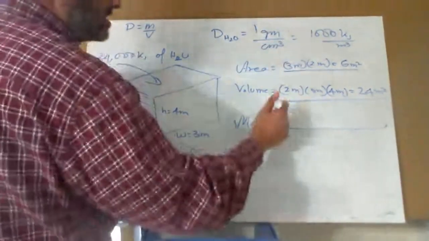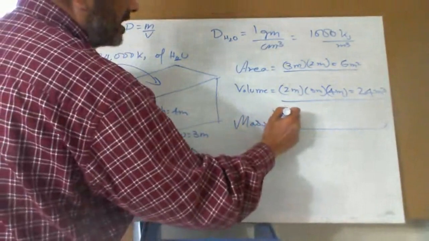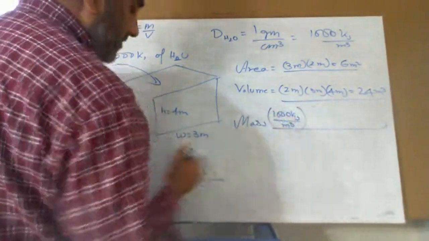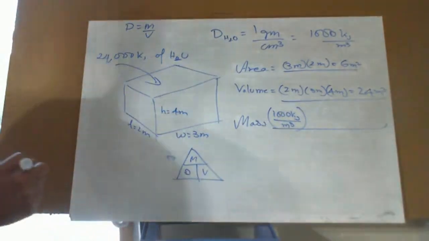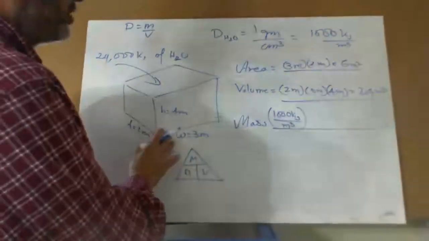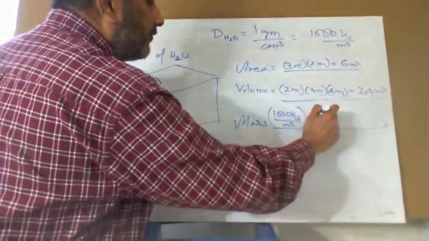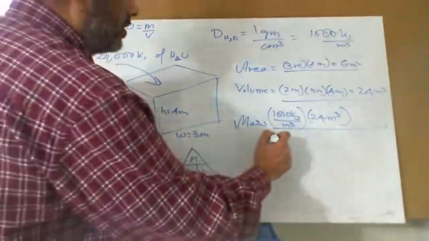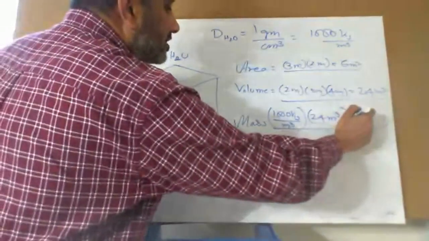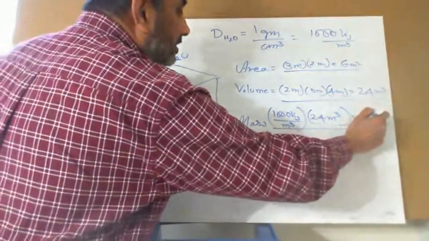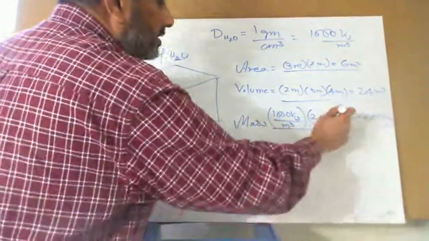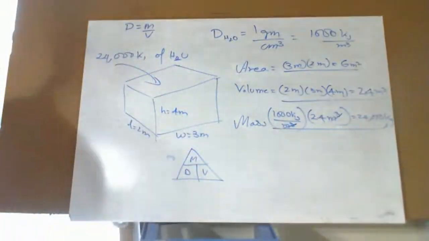In this case, the density is what? 1,000 kilograms per cubic meter, right? And the volume is 24 cubic meters, right? So if you were to work this out, this would become 24,000 kilograms. Okay, cubic meters and cubic meters will cancel out.